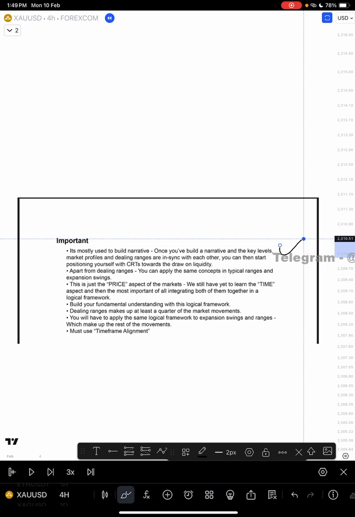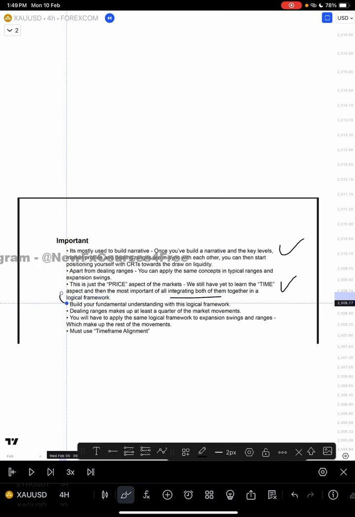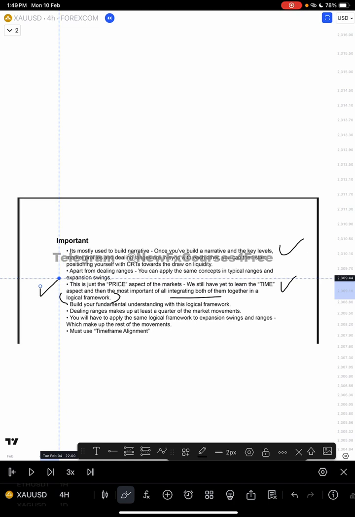This is just the price aspect of the market. We are still yet to learn the time aspect and the most important of all, which is actually integrating both of them together in a logical framework. So build your fundamental understanding with this logical framework.